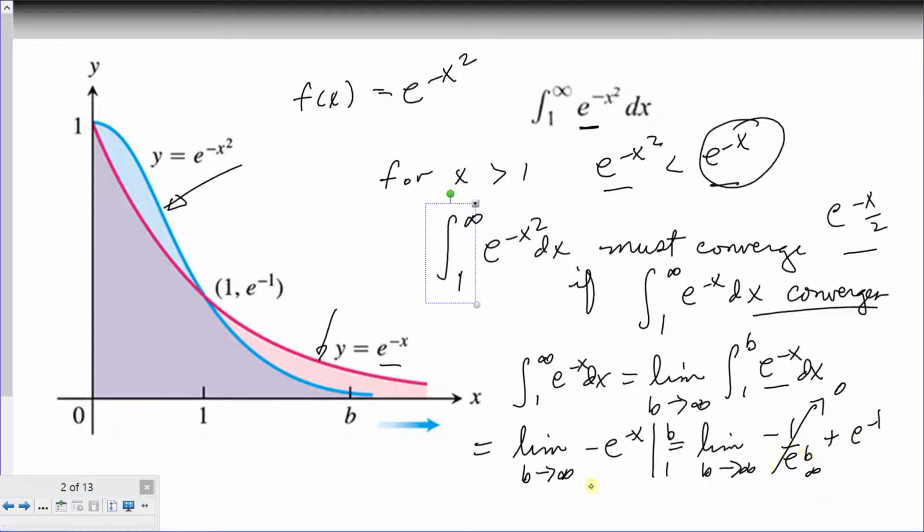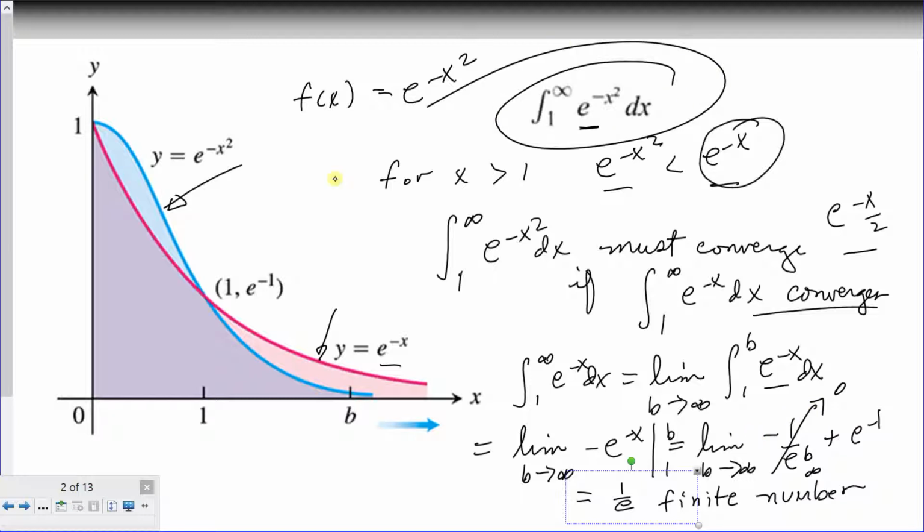So this integral is then 1 over e, which is a finite number. So we conclude that the integral of e to the minus x squared dx must also converge, and we did that by comparing it to one that we know converges.